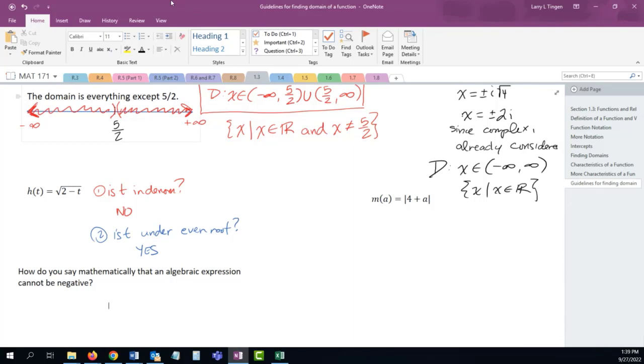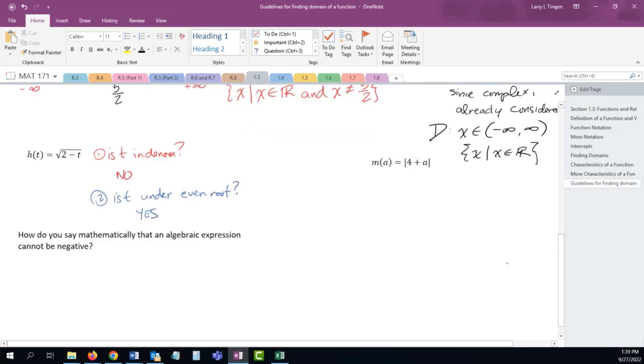Y is less than 0. So that's all the values that are negative. If those are not included, what values are? Good. So I said what's under the root has to remain positive or 0.